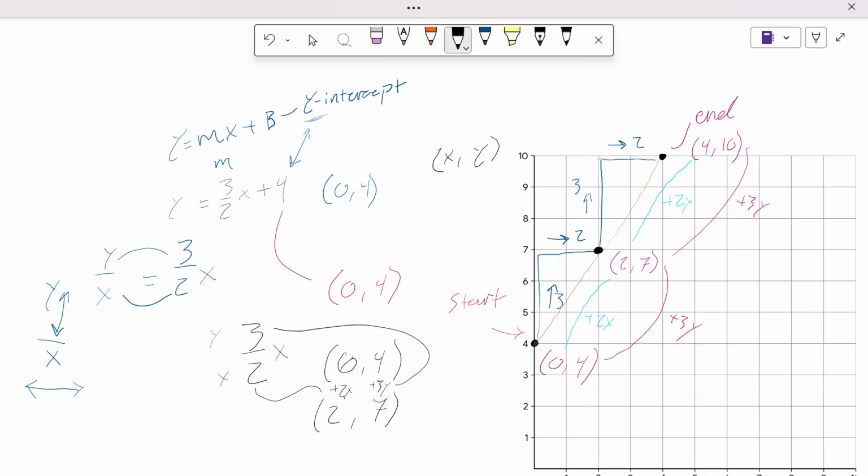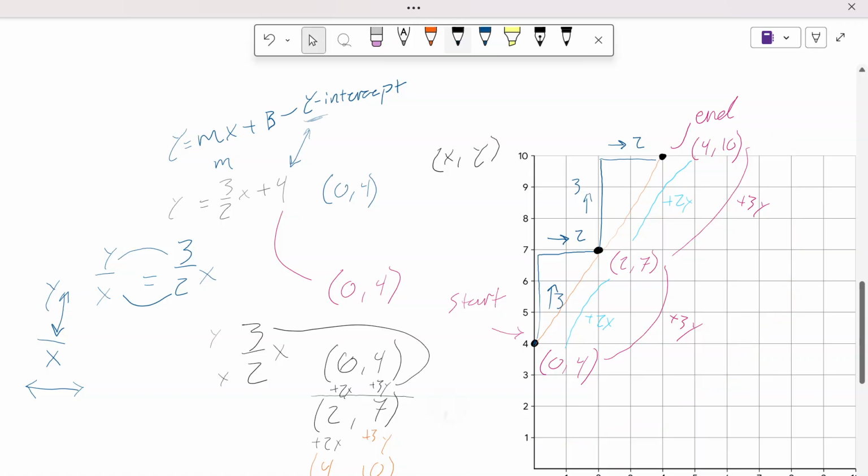So what we can do then is predict our next point. We can say plus 2x, because we always add from the 2x right here. And if we do plus 2x, and then add 3y, which comes from right here, so plus 3y, we get 4, 10, which is the exact same as right here.